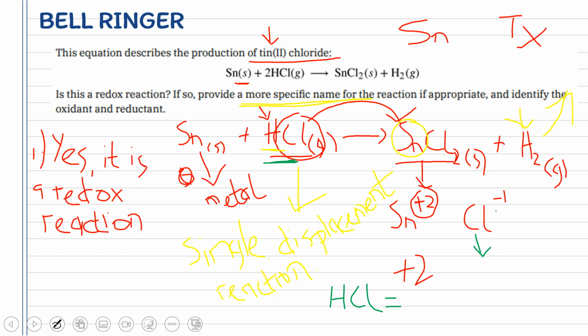HCl undergoes reduction because the chlorine inside gains the electron. So it undergoes reduction, which means that it is the oxidizing agent.